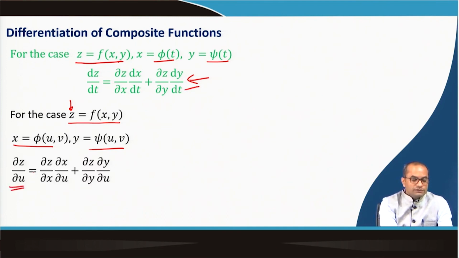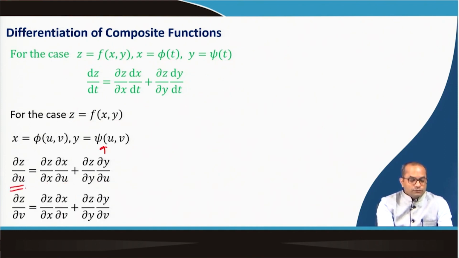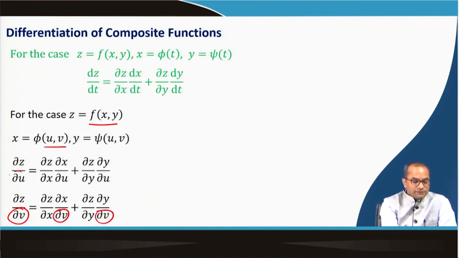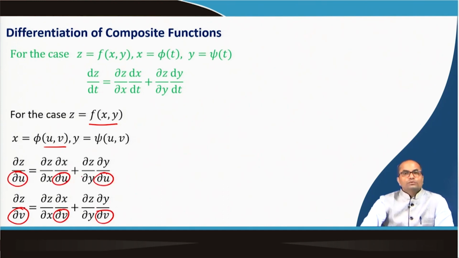If we want to get del z over del u, we partially differentiate with respect to x and take del x over del u, and then partially differentiate z with respect to y and take del y over del u. And similarly, del z over del v we can get. So, the partial derivative of f with respect to x and del x over del v, because with respect to v, then here v will come, and with respect to u, then here u will come. So, again del z over del y and del y over del u.